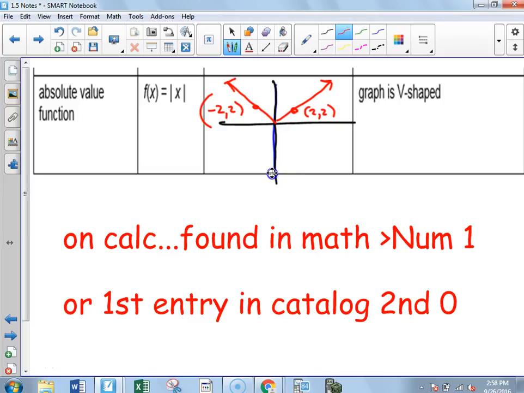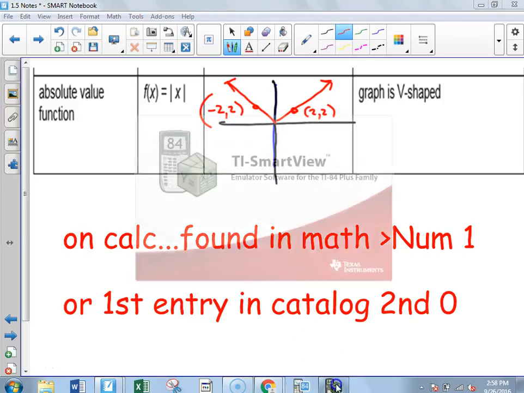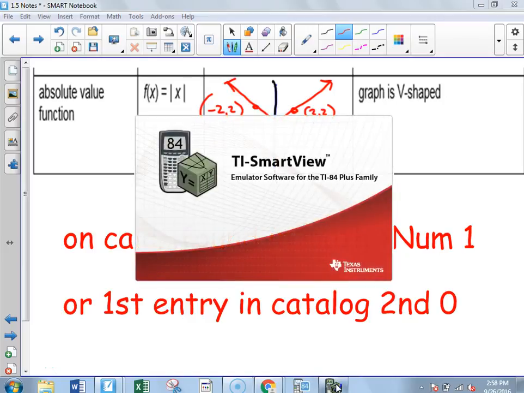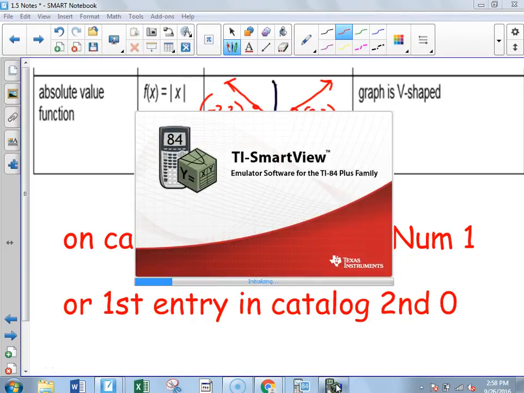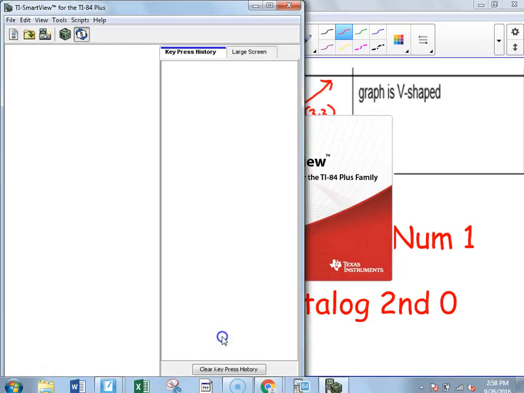On your calculator, when you have to graph an absolute value function, I felt like we did not talk about this clearly last time, so I wanted to give you a second to see where that is. There's two places to find it on your calculator.